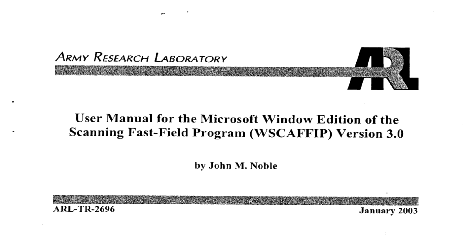26. A U.S. Army Research Laboratory publication from 2003 titled User Manual for the Microsoft Windows Edition of the Scanning Fastfield Program, version 3.0, detailed an atmospheric acoustic propagation model used for geometrical spreading, refraction, diffraction, molecular absorption, and complex ground impedance.